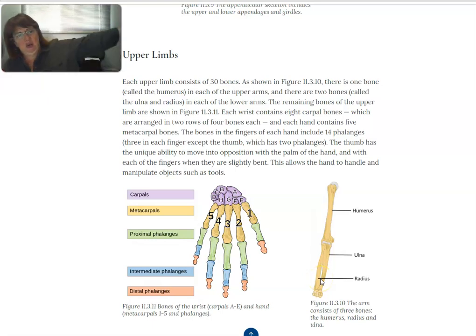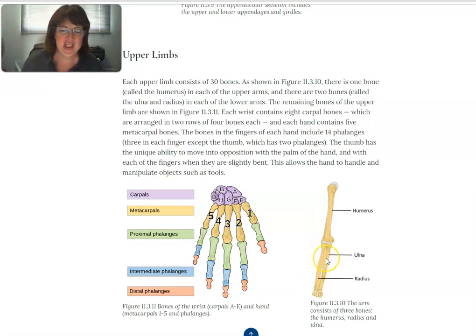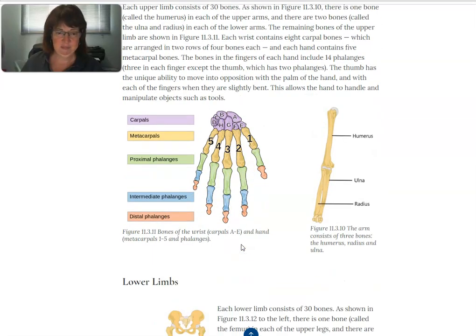And if you hold your arm out, the ulna is the one that is underneath. So that's how I remember the ulna and the radius. And when you turn your wrist, the radius rotates around the ulna. So that might help you remember them. Then there are carpals, metacarpals, and phalanges. And those are the bones in our arm.